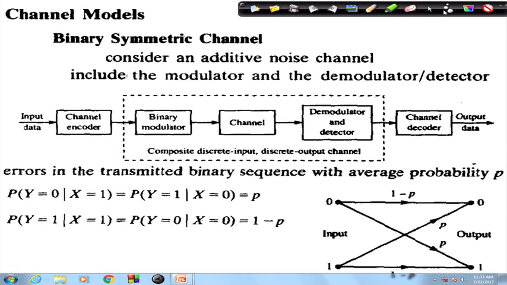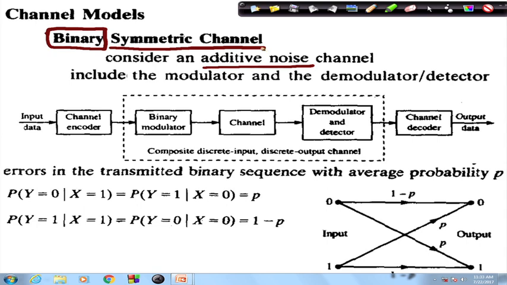The binary symmetric channel is one where of course, we consider additive white Gaussian noise, we will always consider additive noise, and this kind of channel, the name already describes certain things, that means it is telling this is a binary channel, right, and it also says it is a symmetric channel, right.